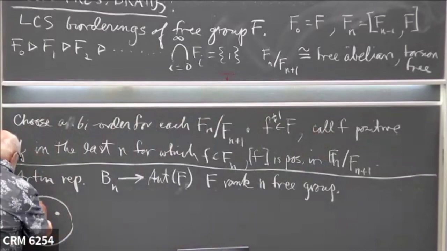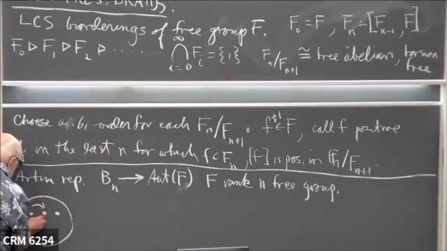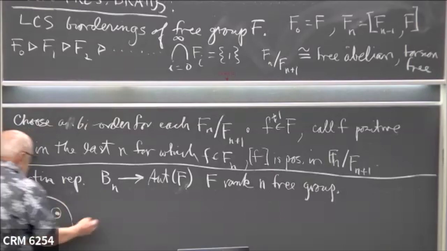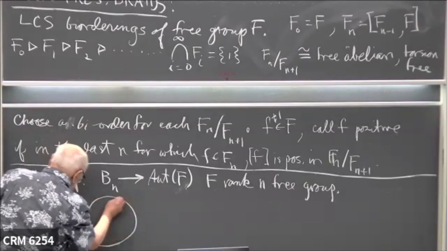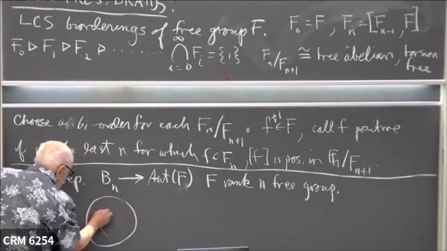For example, sigma 1 interchanges these two points with a little twist, and that induces an automorphism of the punctured disk.